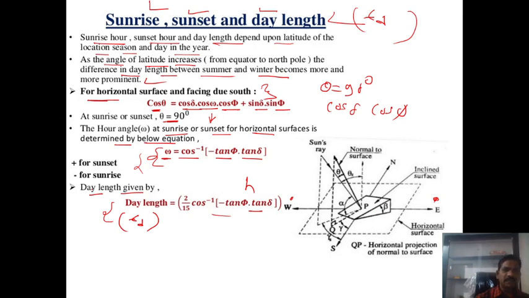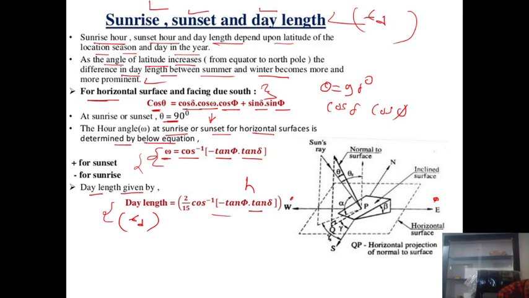Suppose in the exam you are asked to calculate the day length, so you can use this formula: day length equals 2 by 15 cos inverse of minus tan phi tan delta. By using this equation you can also determine the day length, guys. Yes or no? Yes.